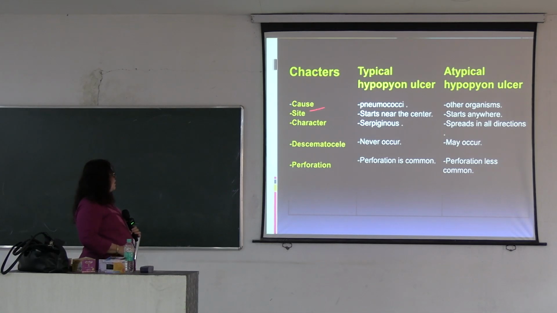And the site: typical hypopyon corneal ulcer starts at the center, and atypical starts anywhere other than the center. And the character: it is serpiginous in nature and spreads in a particular direction, that is called serpiginous.